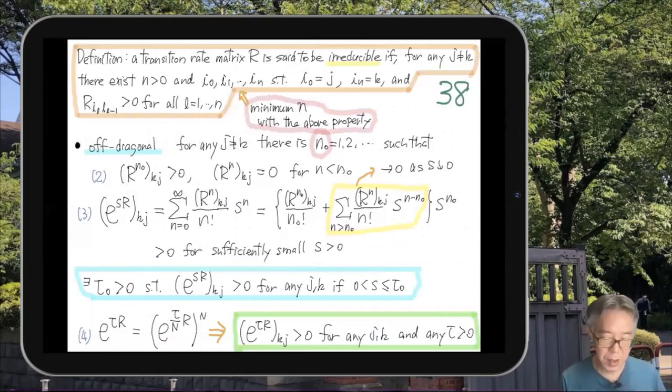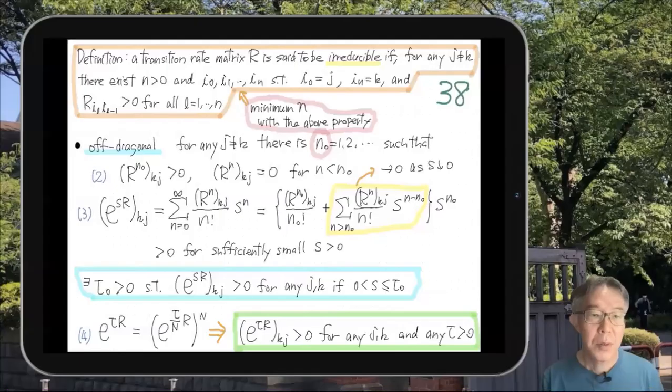So you take any j and k which are not equal. Then I claim that there is a constant n0 with this property. First of all, the kj element of R to the power n0 is strictly positive. But for any n strictly less than n0, this kj component of R to the power n is 0, vanishing.